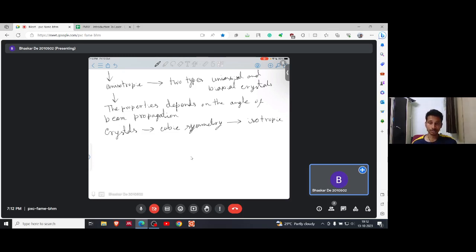So the isotropic crystal doesn't depend on the angle of beam propagation. Now if the crystal has a trigonal, tetragonal and hexagonal symmetry, they are all uniaxial.